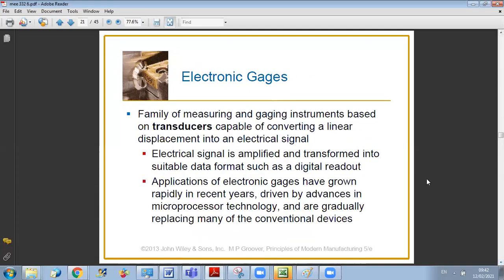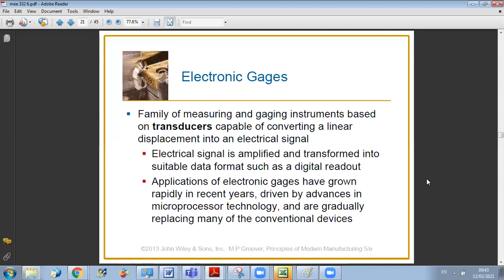Now, of course, with advancement in technology, electronic gauges are now the most used, but still in our labs, because of the high cost of these gauges, we are still using mechanical gauges. Okay, so electronic gauges are a family of measuring and gauging instruments based on transducers capable of converting a linear displacement into an electrical signal.